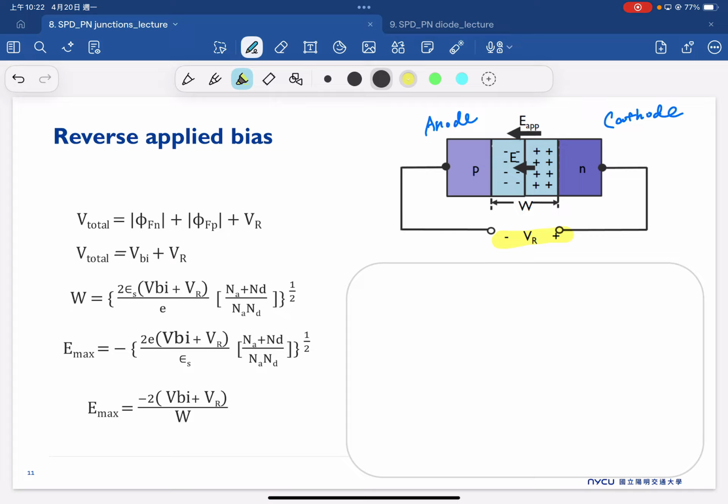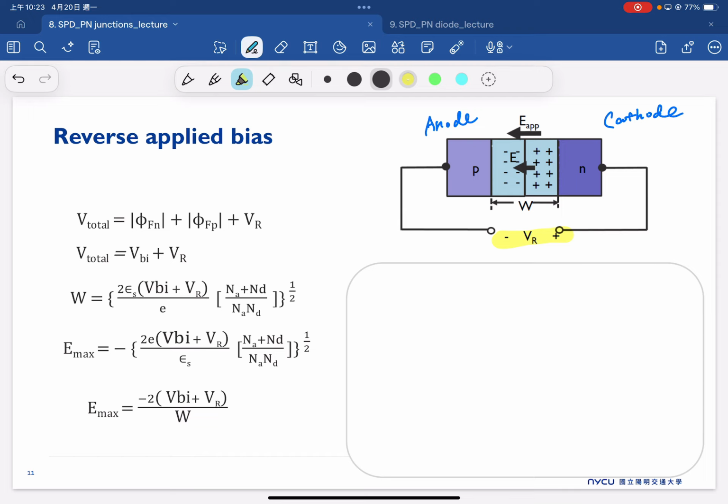So right now we are interested in the characteristic, especially how the built-in potential barrier changes as we start to apply the reverse bias here.